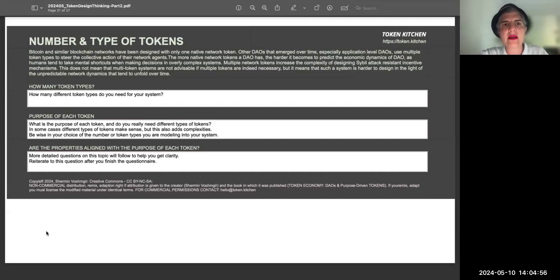Now it's time to think about, okay, how many token types do you need for your system? Would you build a single token system, like in the case of Bitcoin, right? Or are you creating a multi-token system, like in the case of Ocean Protocol?